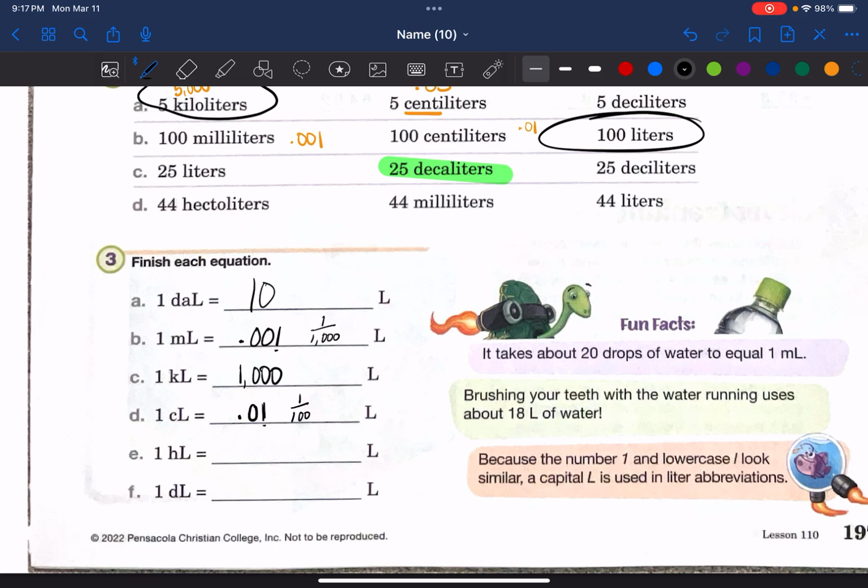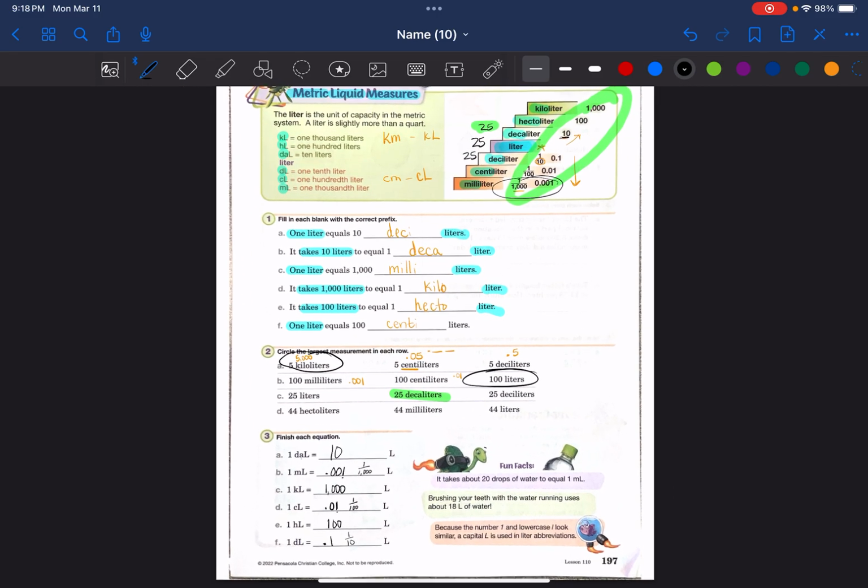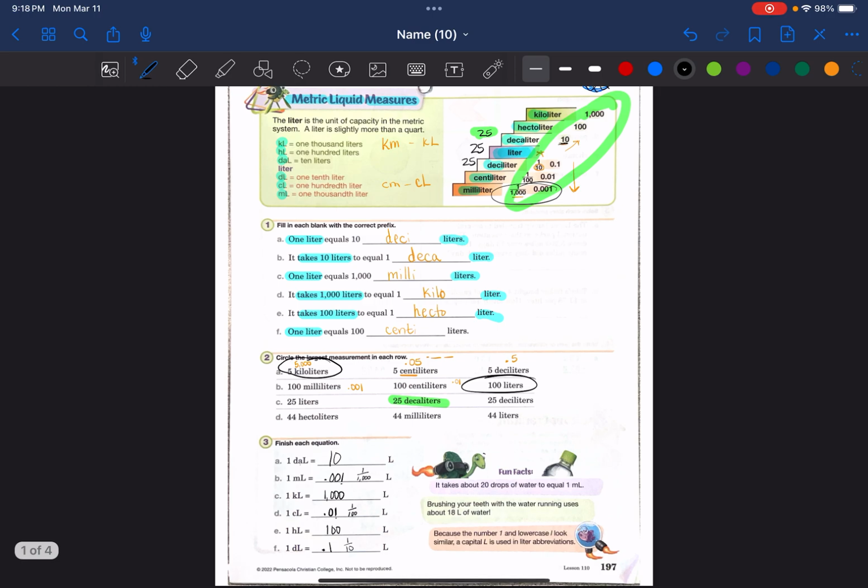How many am I going above? 100. And finally, deciliter. The DA tells it's deca. Deci, it's like the decimal, and then it's one place over because it's 1/10. All right. So, like I said, it's same as what we've done, just in measurement of liquids now.